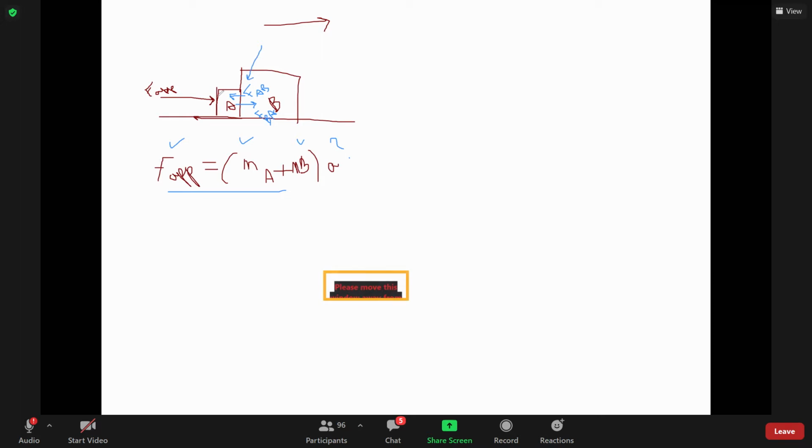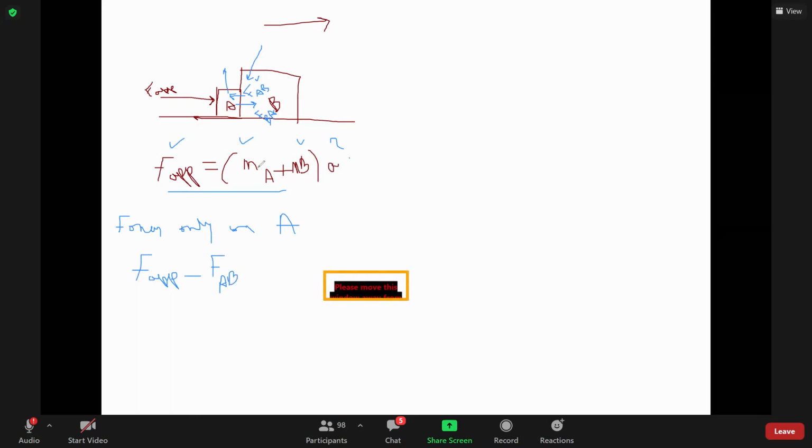Yes. Now, what are the forces only on A? Could you help me? A is affected by the applied force, and there is this force on A due to B. So F applied, which is in the positive direction, minus the force on A due to B, because this is in the negative direction.